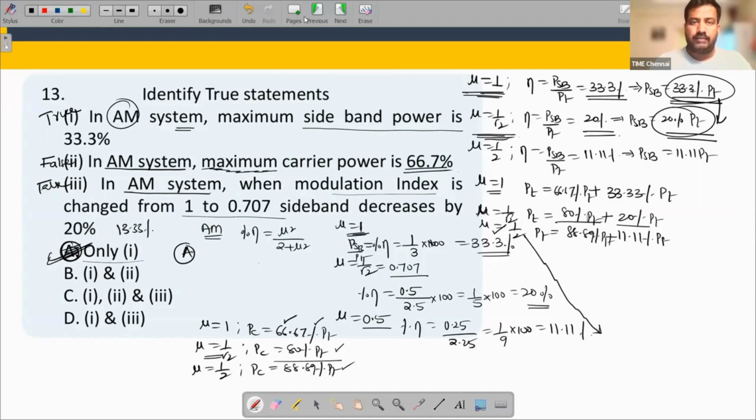Why is this wrong? Anyone? Can anyone tell me why that question is wrong?